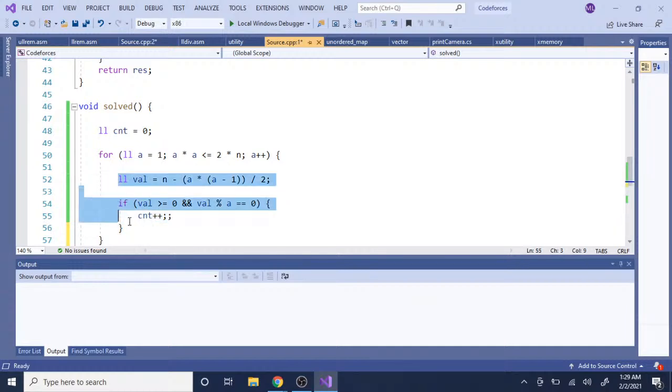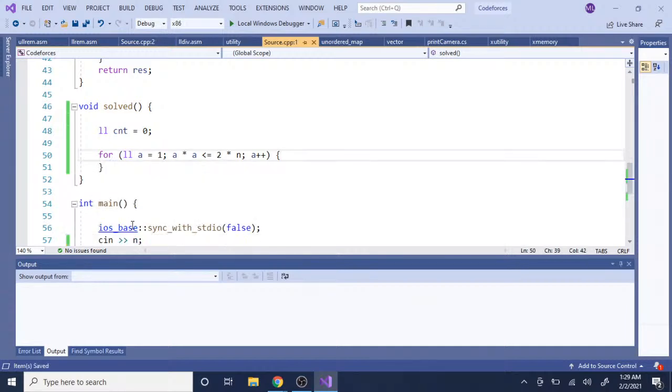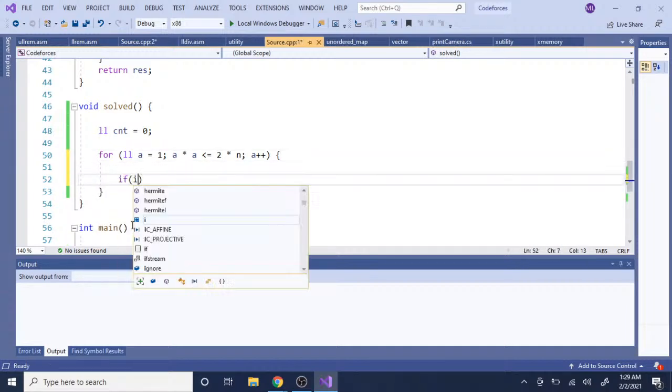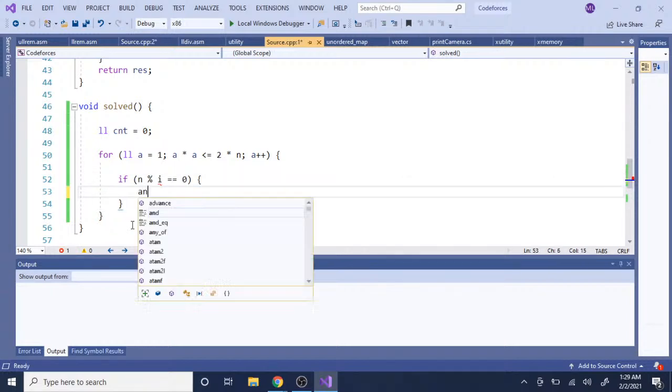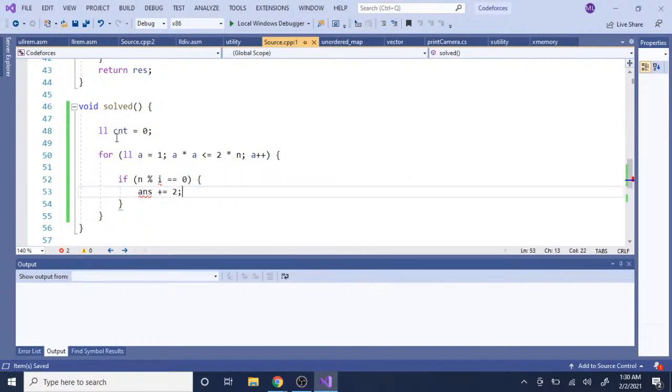So we have this. You're saying if n mod by i is equal to 0, n is plus equal to 2. Just make it i. Make it more consistent.